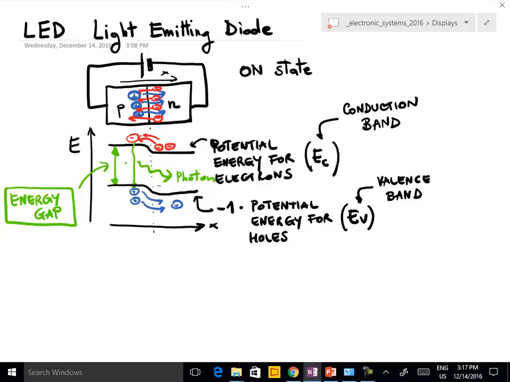During a recombination, we have the emission of a mechanical vibration, a phonon, and not of a photon. So we really need to choose the proper material in order to obtain light. Okay? So silicon does not emit light.